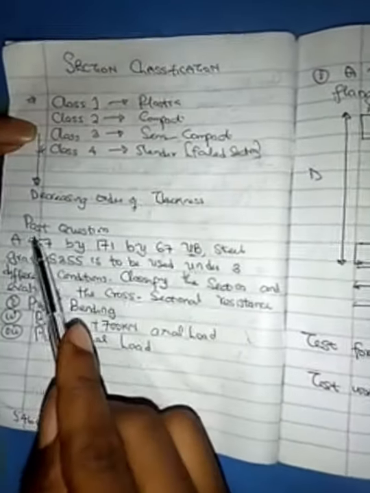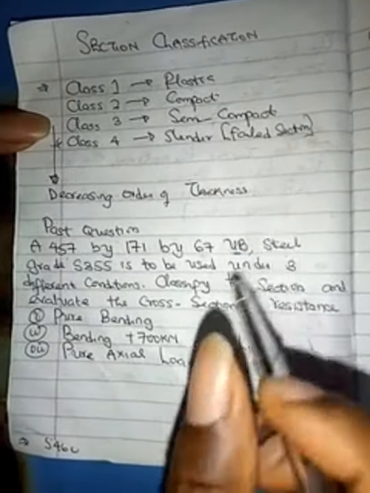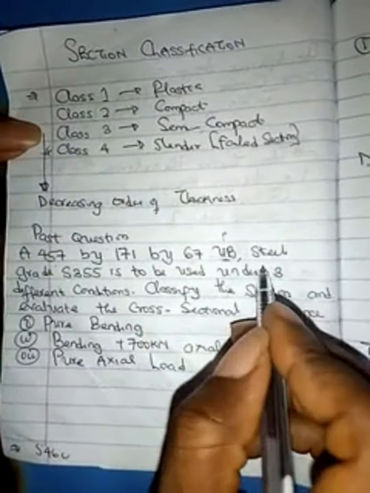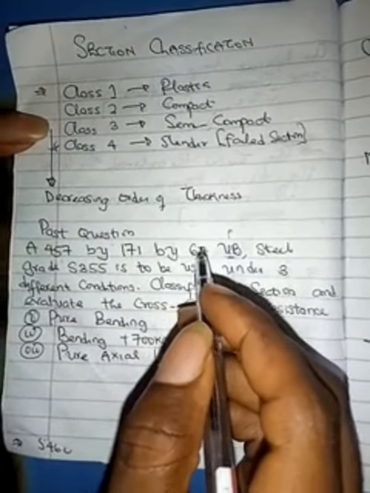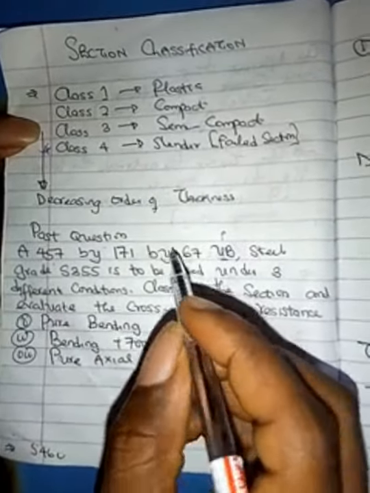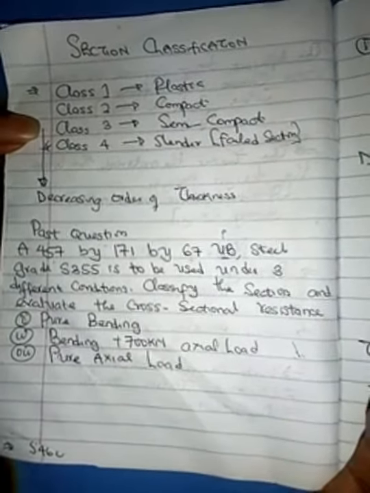So we are told that it is a 457 by 171 by 67 UB, a universal beam, and we are given the steel grade. The steel grade is S355. We are going to be seeing different steel grades: we have the 275, we have the 355, and I don't remember the last one.